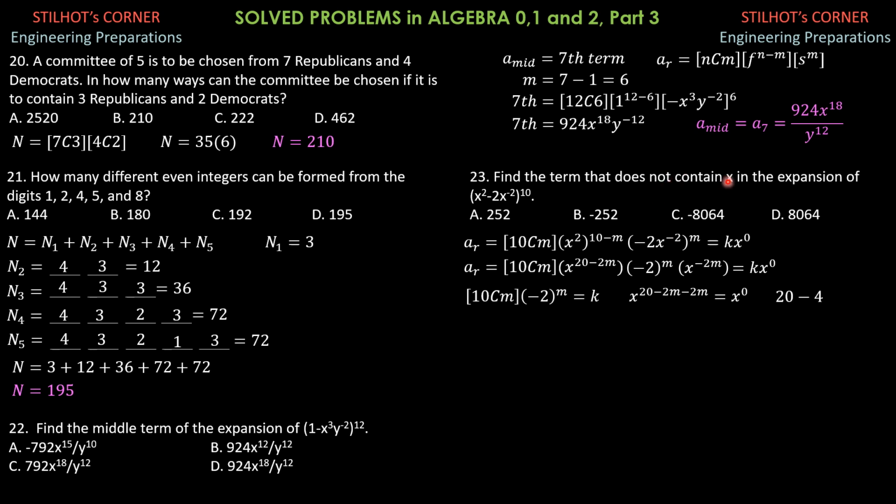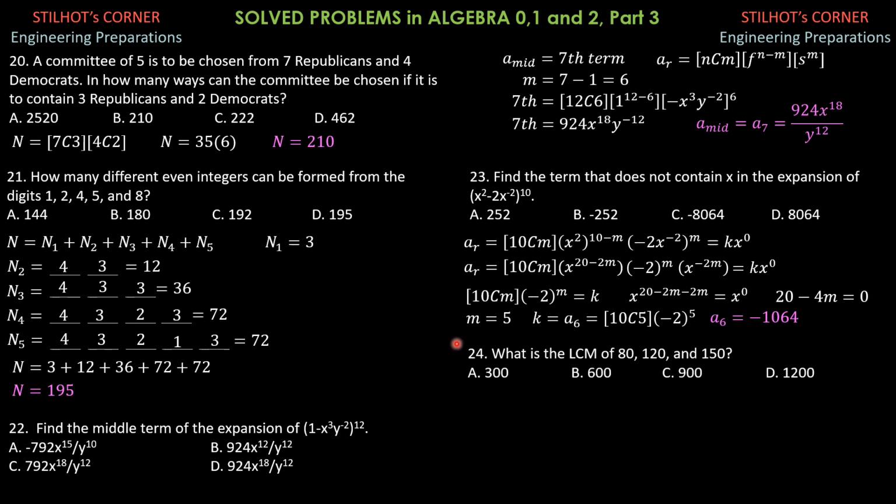So 20 minus 4m equals 0, so m is 5, 20 divided by 4. Having found m, the constant term is 10 combination 5 times (-2) to the 5, and that constant term, the sixth term, is -8064.